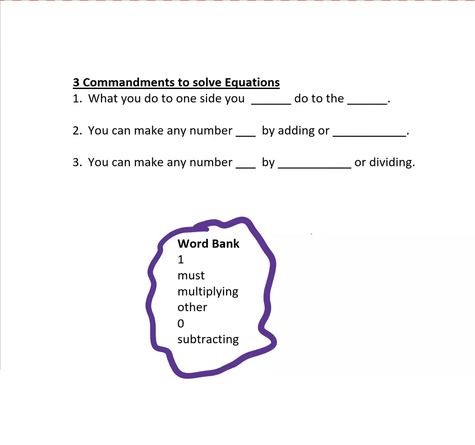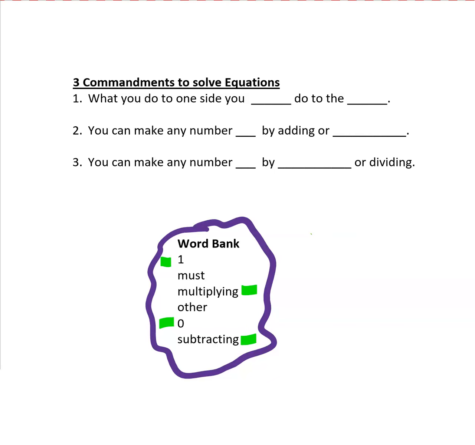Okay, so using some of our skills from ELA, we can really easily read through this and decide what words fit in which blanks. So number 1 says, what you do to one side, you blank do to the blank. Well, if we look down here in our word bank, we've got a couple of numbers, some operations, and then some other things. So I don't think either of these blanks are going to work for numbers.